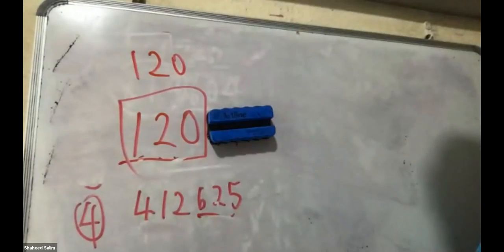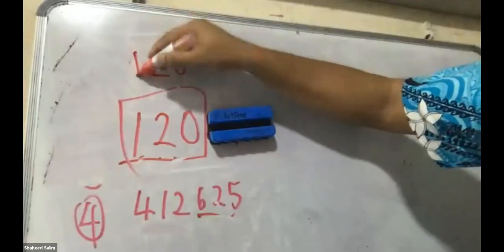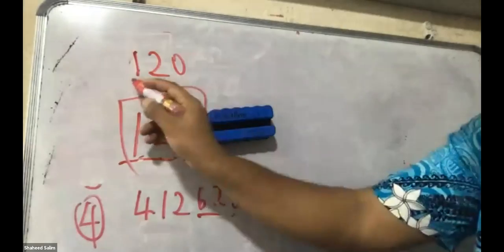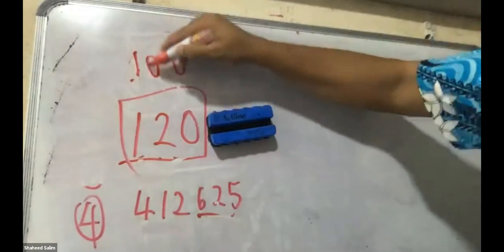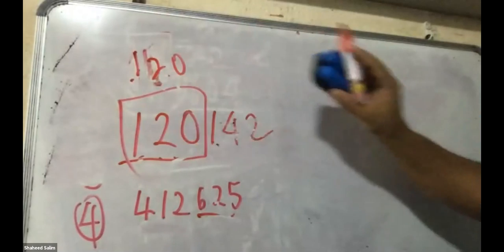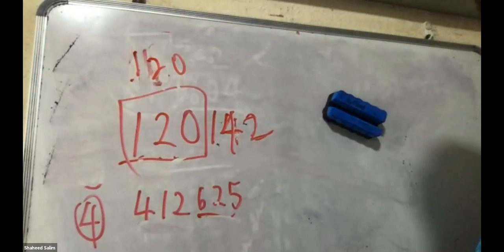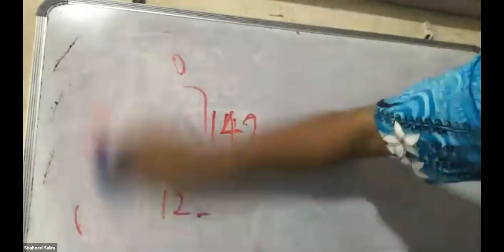No, what number is this? 120. 100 is like that, right? Now I put like that, become 120. So 120,000 and 142. Yes. Okay.